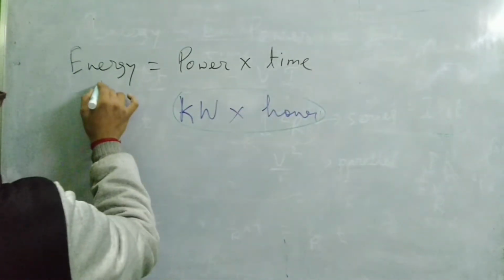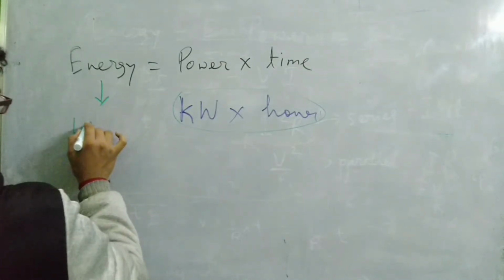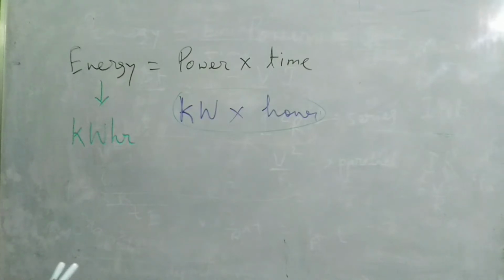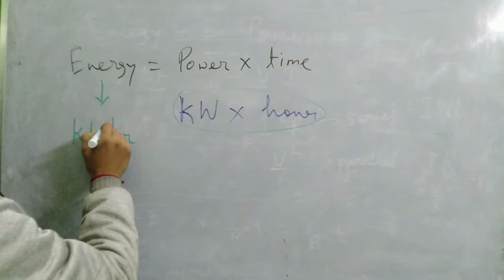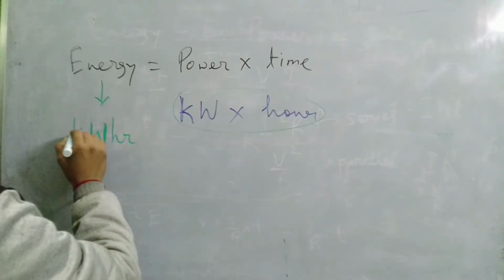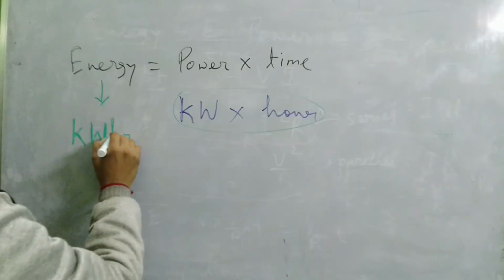In short we write kWh. So this is the most common unit that is used to measure electrical energy, and in most commercial cases we use this particular unit, kilowatt hour.